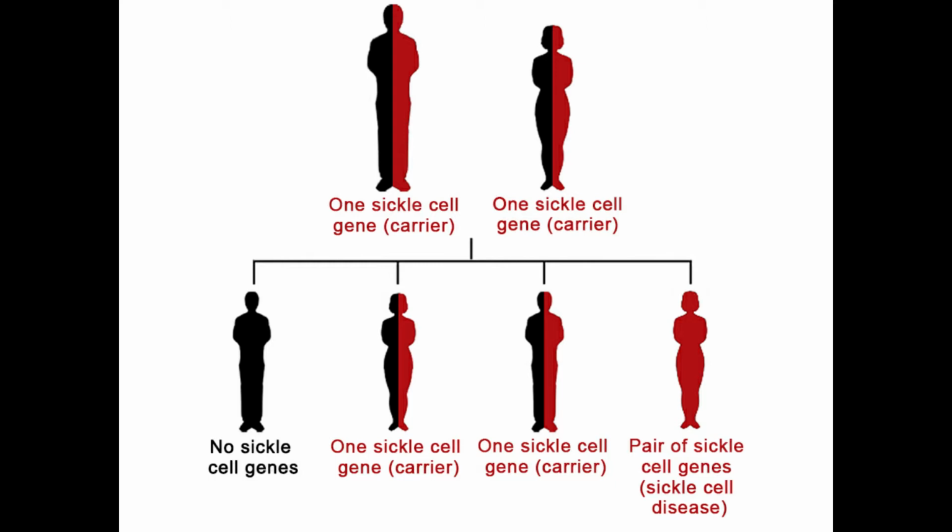So the chance of having a child with sickle cell disease is demonstrated below. There is a 50% chance that the children will have the trait. There's 25% that the children will be normal and 25% that they'll have sickle cell disease. That's pretty much what the chart is showing.